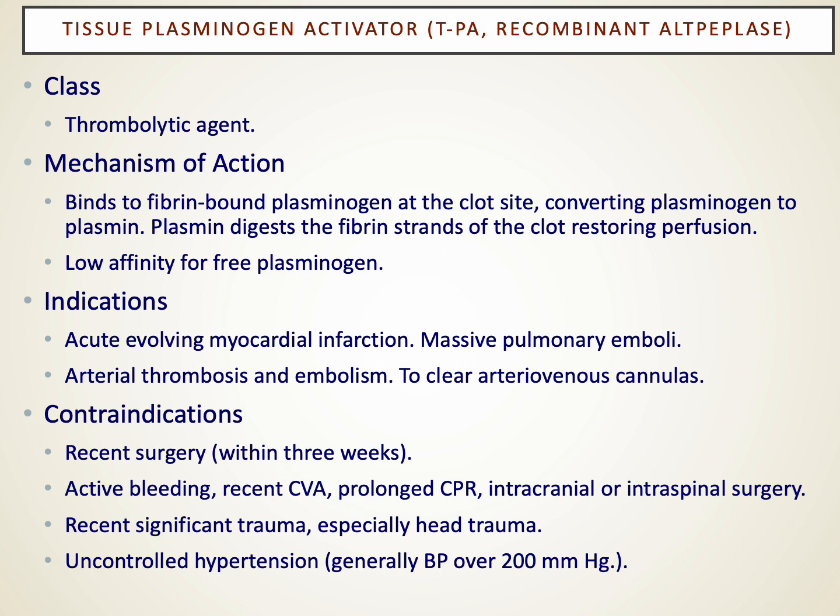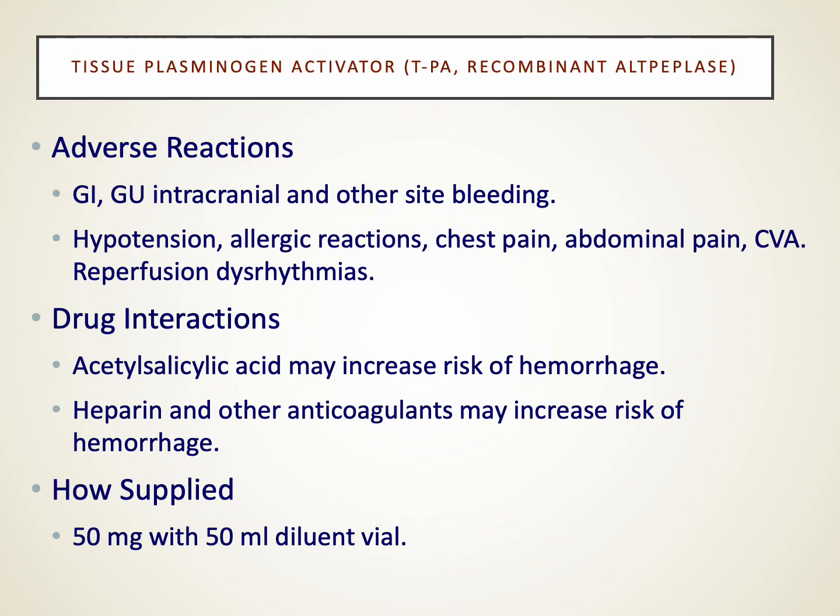We'll get more specific about that in a minute, but patients with recent surgery, recent bleeding, a recent CVA that is not thromboembolic, we've got to really worry about that. If they've had trauma, if they have uncontrolled hypertension, those are some of the major ones. We'll talk more specifically in a minute. Adverse effects are always going to be bleeding. We're going to worry very much about bleeding with these agents. Also, you might see allergic reactions, hypertension, other things as well.